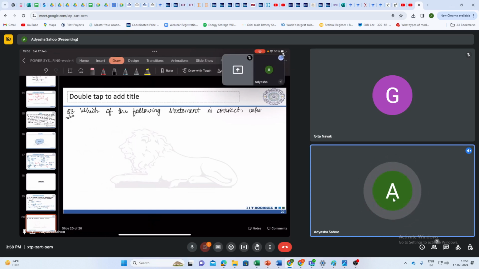When a rectangular surge travels along the line and is terminated by an inductance.